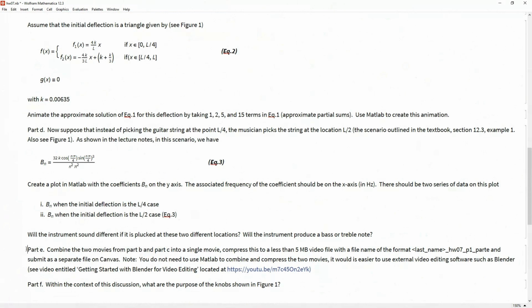Now part echo here is really just taking the animations from part B and part C. I'd like you to prove that you actually were able to create those animations.